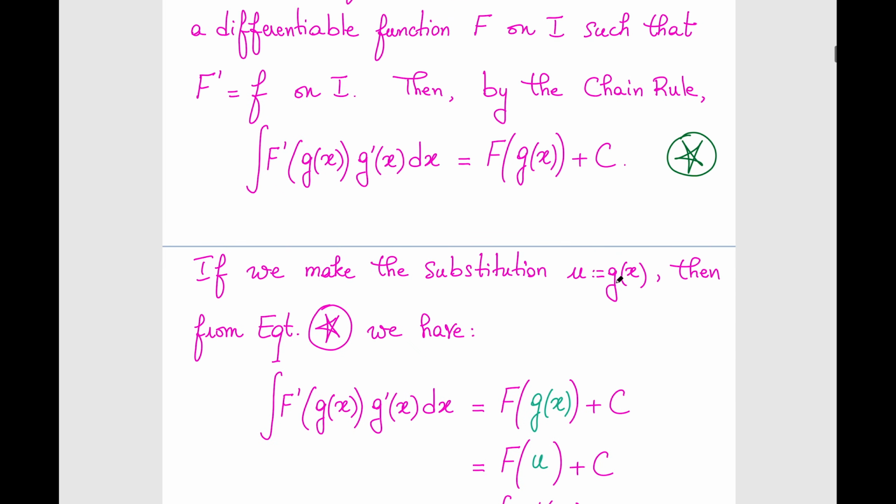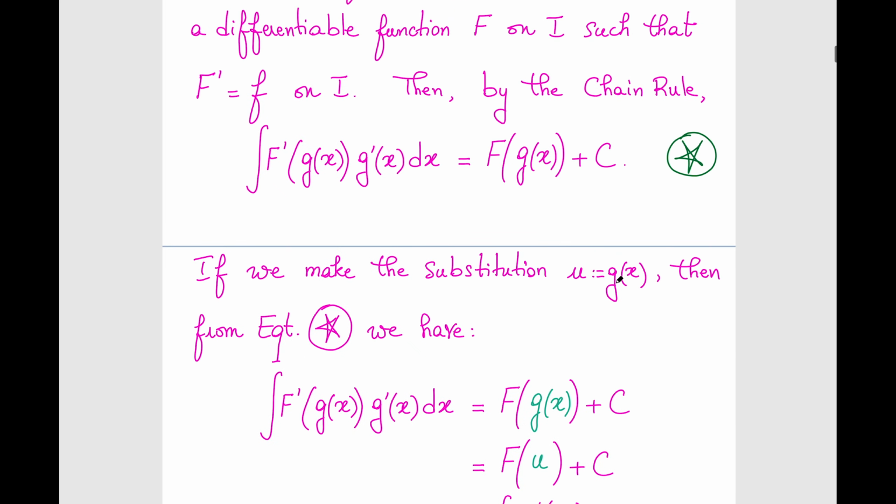And that last expression is a primitive for the function F prime of u du. If you think about the variable being u now, F of u plus c is a primitive function of F prime of u. Again, this prime means you are differentiating with respect to u.